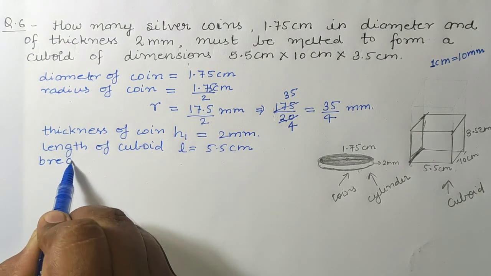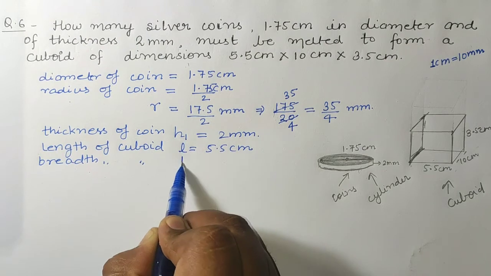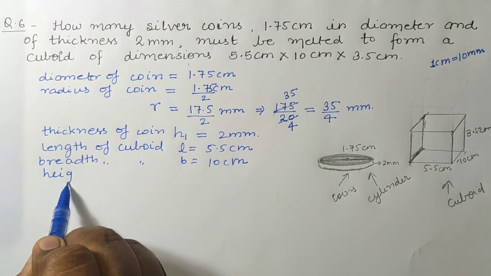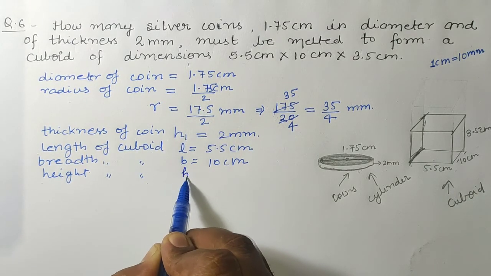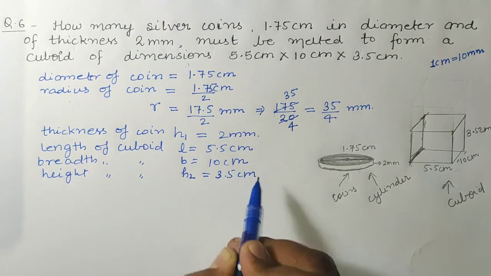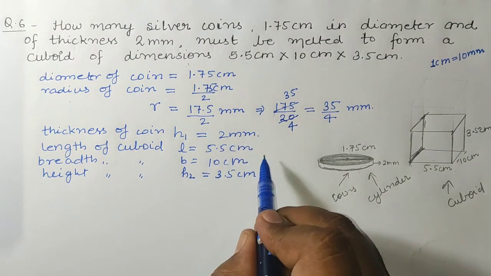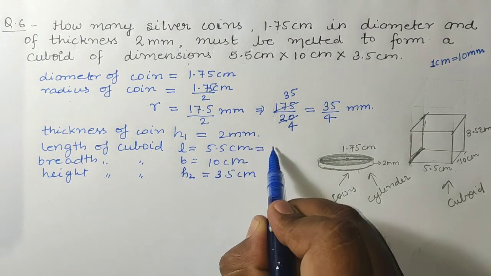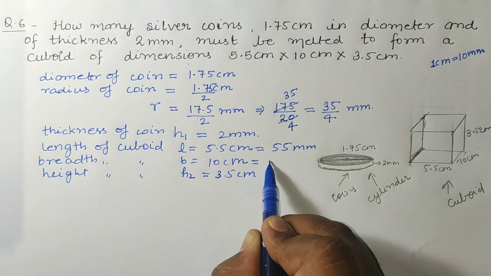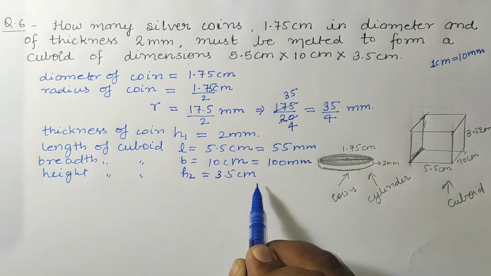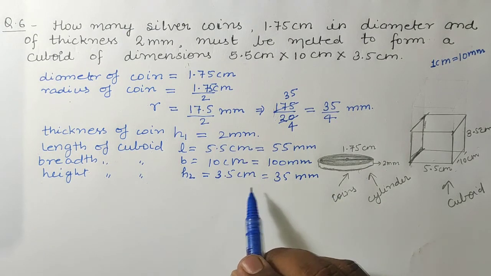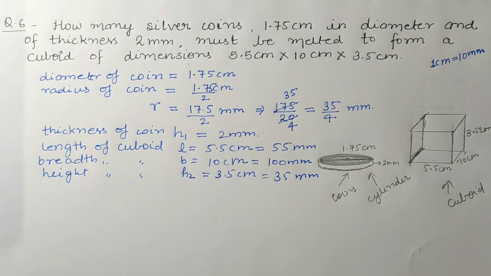Breadth of cuboid B is given 10 centimeter, and height of cuboid, suppose H2, it is given 3.5 centimeter. Now students, we are changing all these dimensions into millimeter, so 5.5 centimeter will be 55 millimeter, here it will be 100 millimeter, and here it will be 35 millimeter. By multiplying 10 in centimeter we'll get the dimension in the unit millimeter.